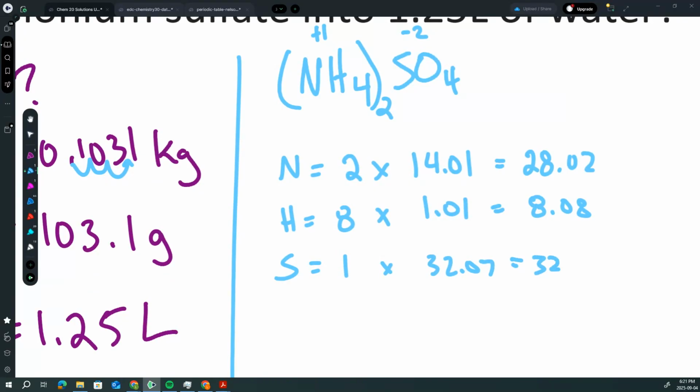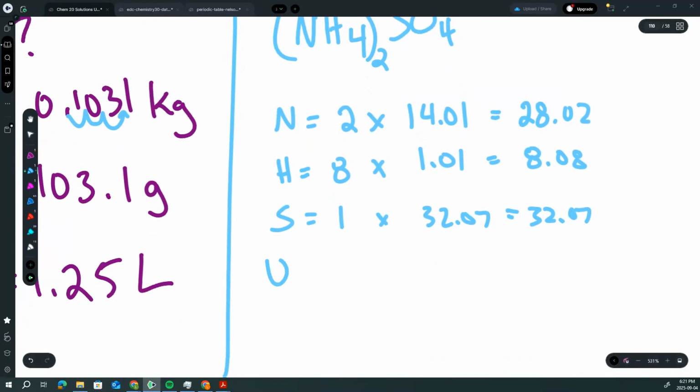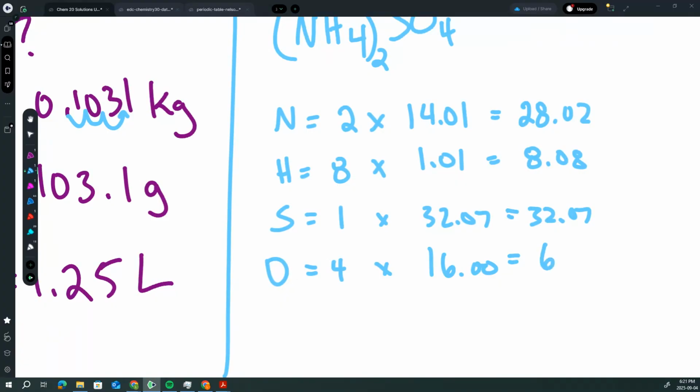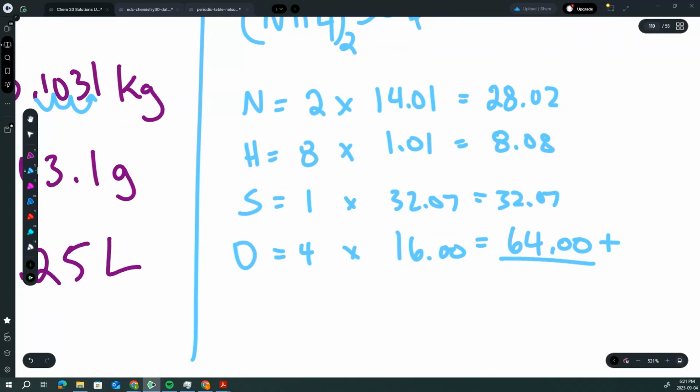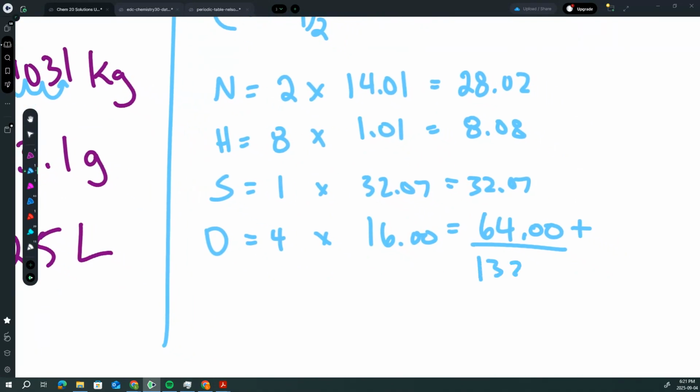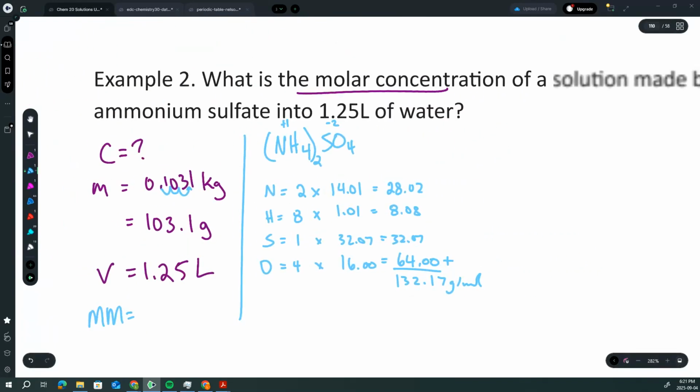And then oxygen, there's 4 times 16 for the molar mass, which is going to give us 64. So adding those all up, we're going to get 132.17 grams per mole.